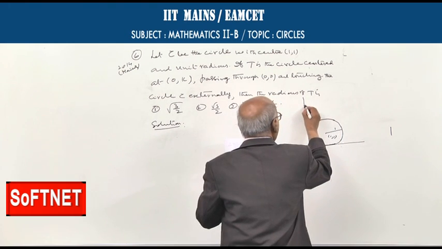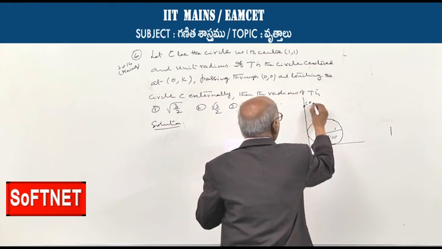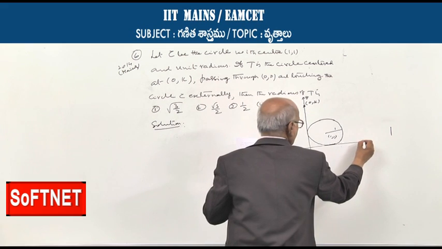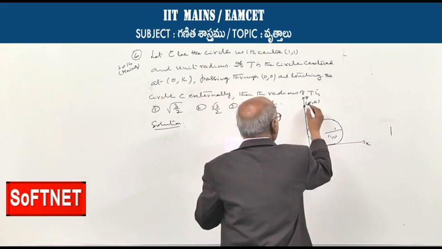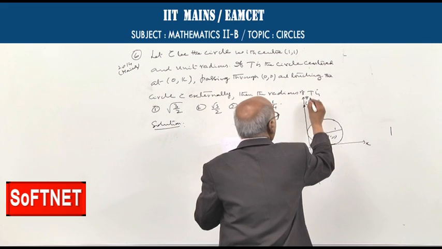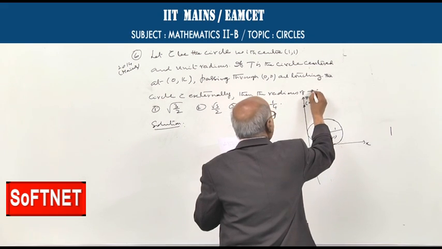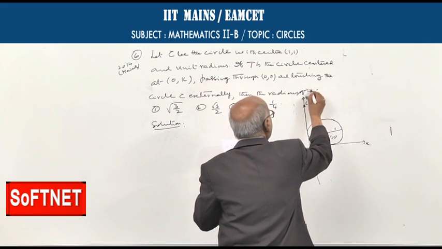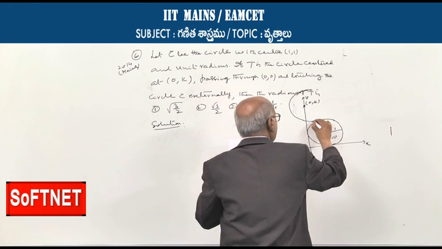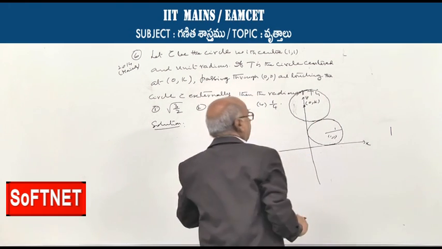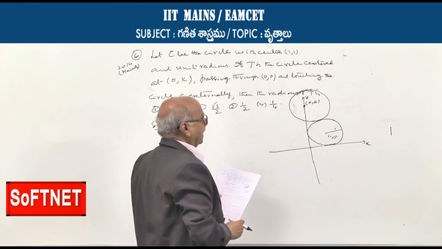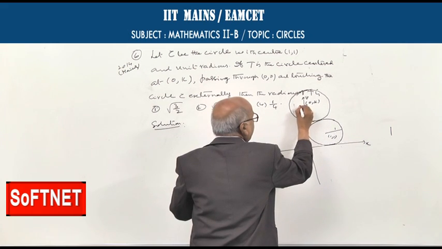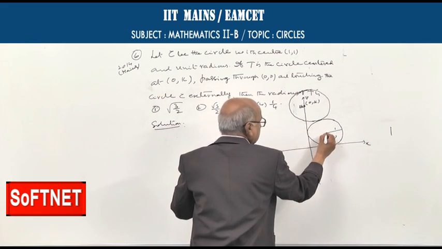Now you are given that a circle with center (0, k), which is on the y-axis, touches the given circle externally. So with center (0, k), now suppose this is B and this is A.